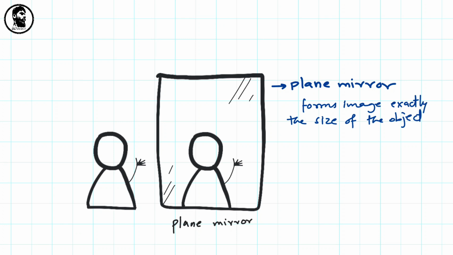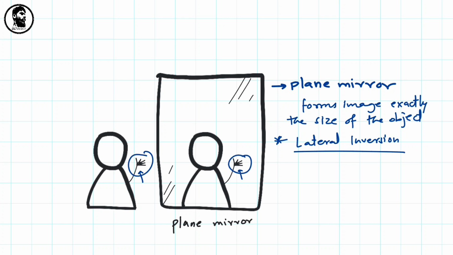So if you are standing in front of a mirror, your height will be the same in the image also. Second, when you raise your right hand, in the image it will be the left hand. This phenomenon is known as lateral inversion. It is one of the characteristics of a plane mirror.